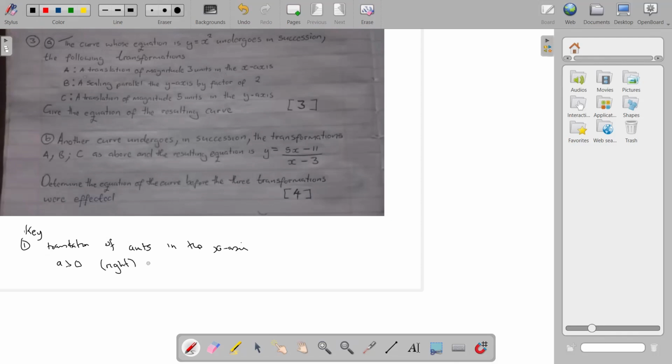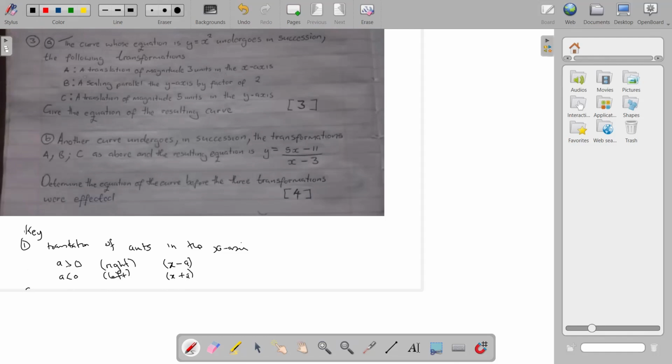And once the graph is shifting to the right, it therefore means wherever there is x, we are going to substitute by x minus a, as long as the shift is to the right. Then, if the a is less than 0, it means our graph is going to the left. And we are going to substitute wherever there is x in the original function by x plus a.